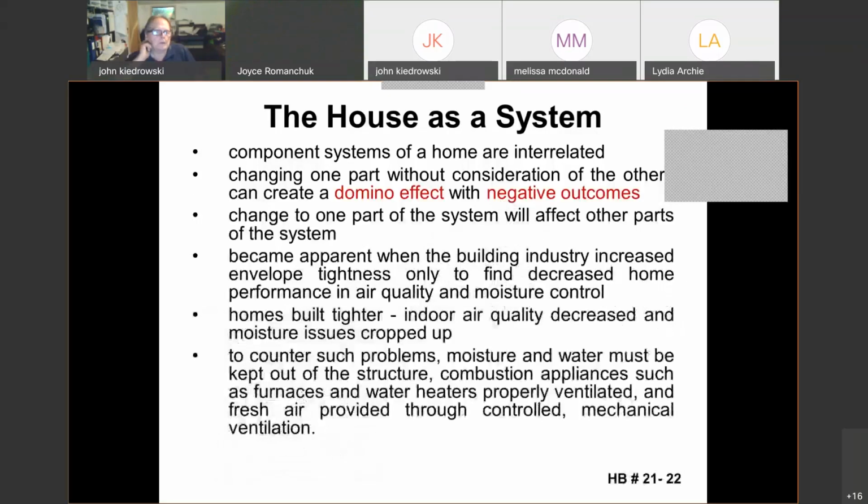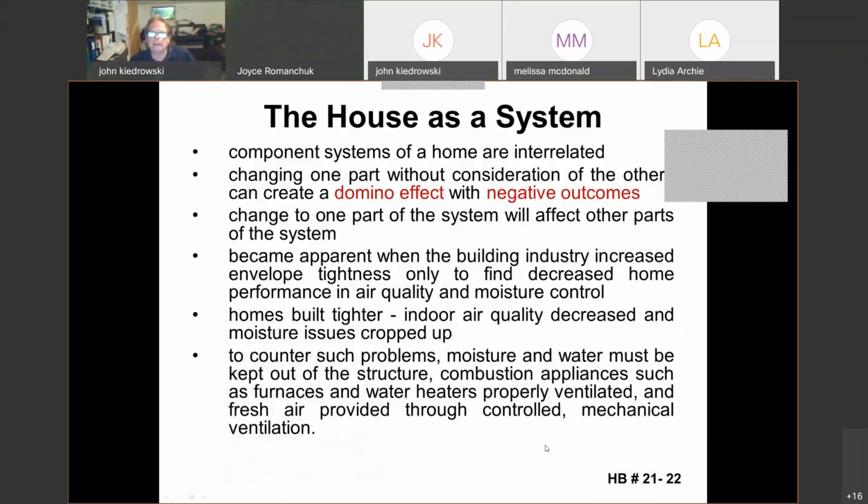So we also talked about the house as a system. And again, just as a reminder, when I show the slide here, often you'll see down in the lower corner, you'll notice HB, which is your handbook or your course notes. This is referenced on pages 21 and 22. So it's just a little guide if you happen to be looking at this later and you're reading through your notes.